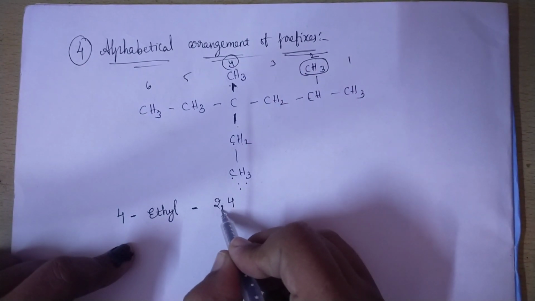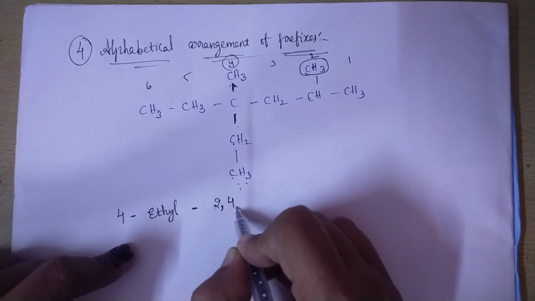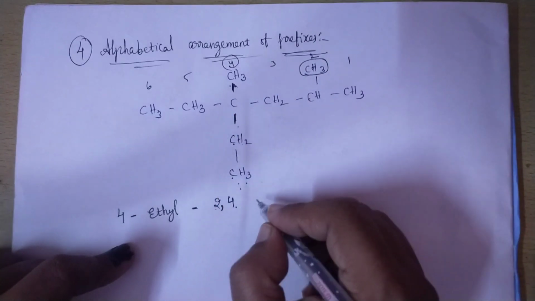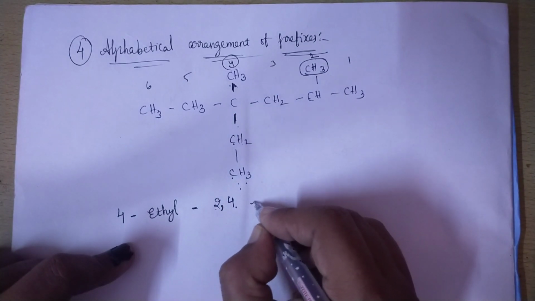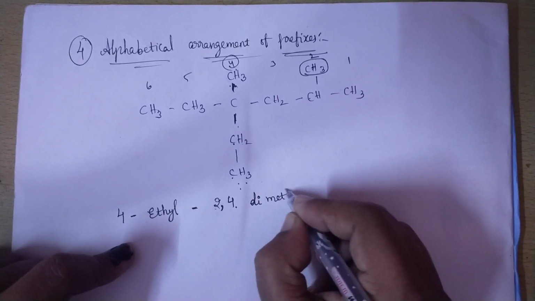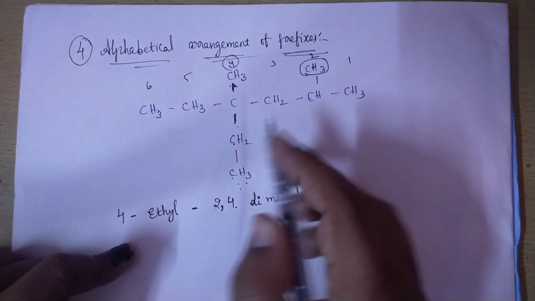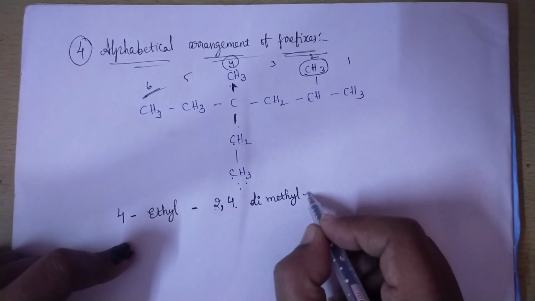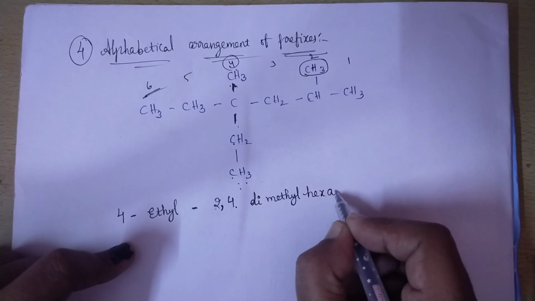In the fourth place, 4-ethyl, and again what is repeated here, 2 and 4. If the numbers are more than one, then we use a comma, 2,4. What is there at 2,4? Methyl. How many methyls are there? Two, so that's why di, dimethyl. How many carbons? Six, so hex as usual.